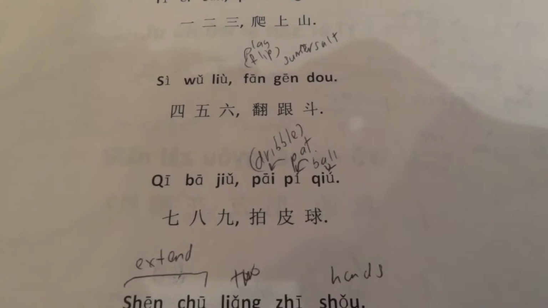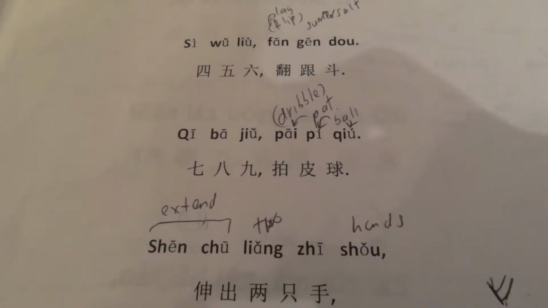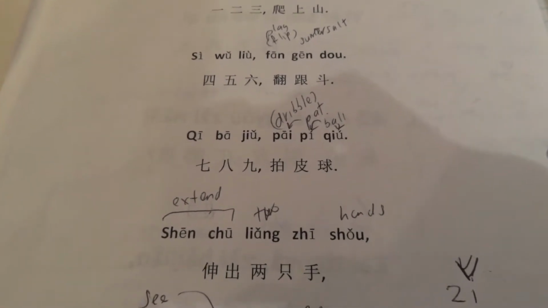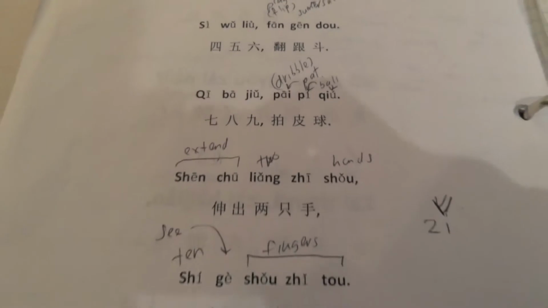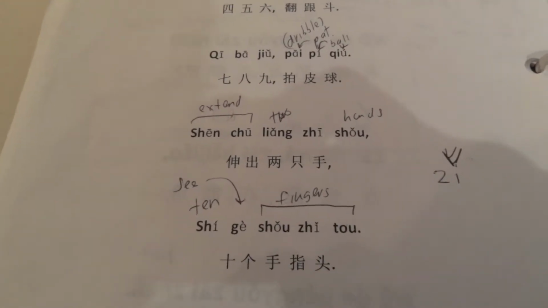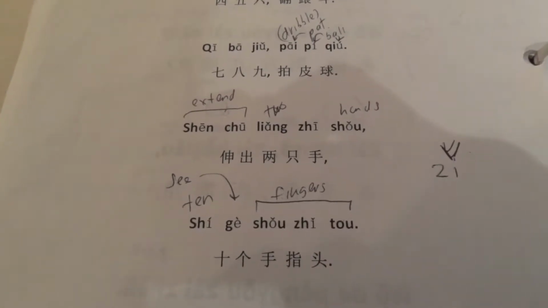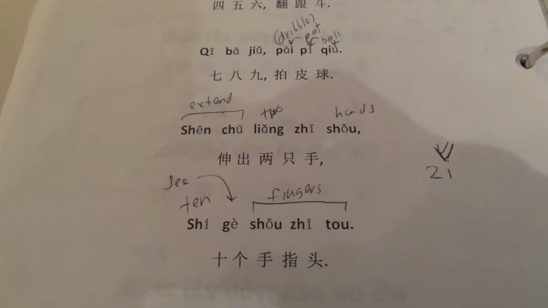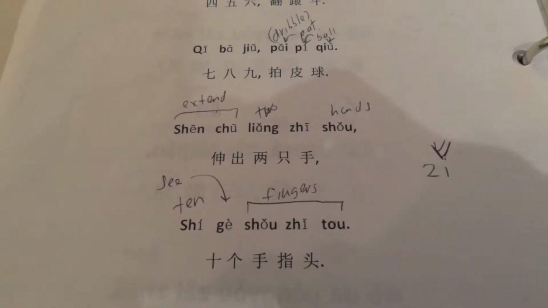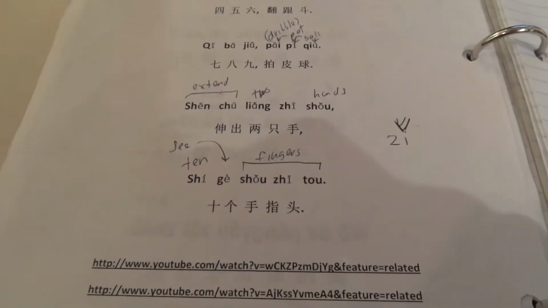7、8、9拍PQ. 先出两字数数. That means extend two hands.